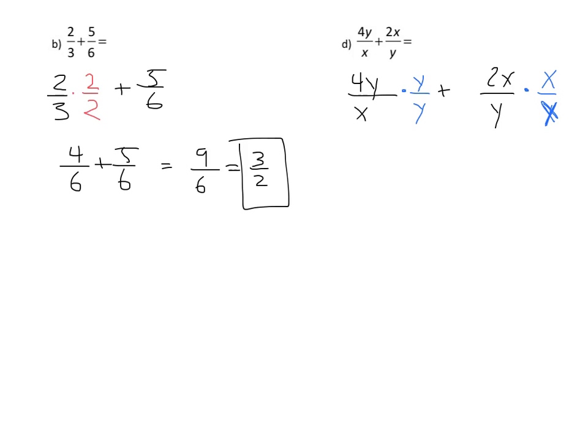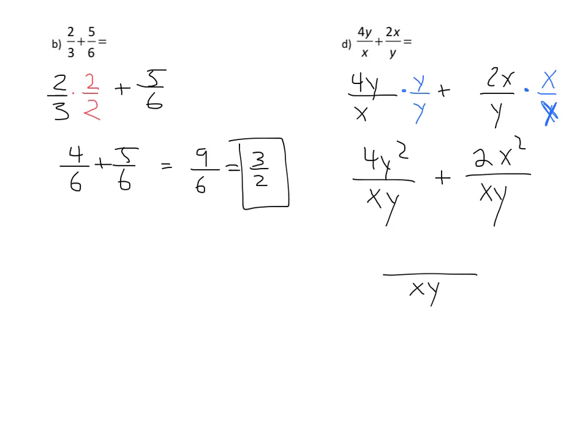So for my first fraction, on the top, 4y times y is 4y squared. On the bottom, I get xy. For the second fraction, 2x times x is 2x squared. On the bottom, we get x times y. And now I have common denominators, so I can combine them into one fraction by adding the tops together, keeping the denominator the same.